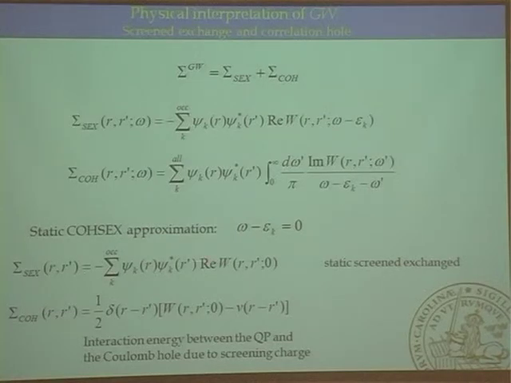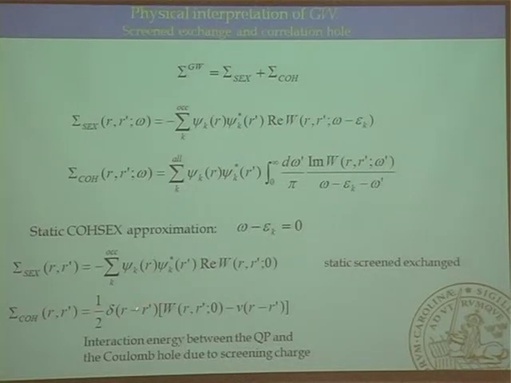This first term has a simple interpretation. This is just the screened exchange, exchange between electrons of equal spin, but with a screened interaction instead of a bare interaction. And the Coulomb hole has a more interesting interpretation. This is the screening potential coming from the screening charge, and these are just the quasi-particle at R prime.